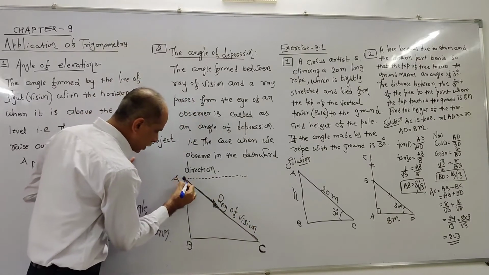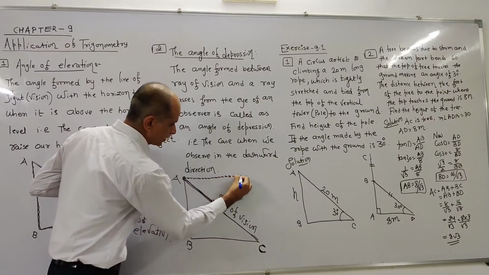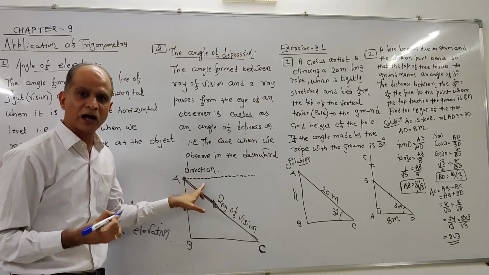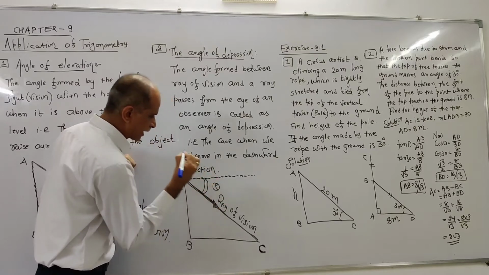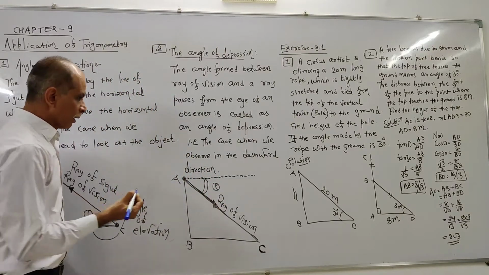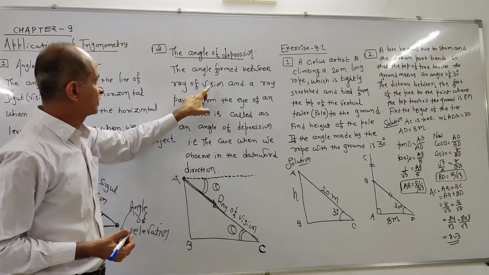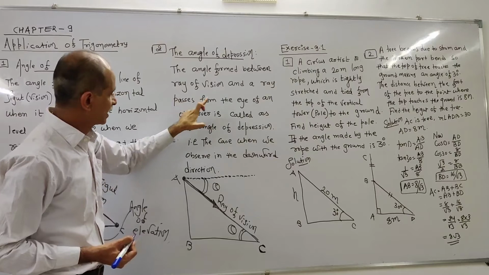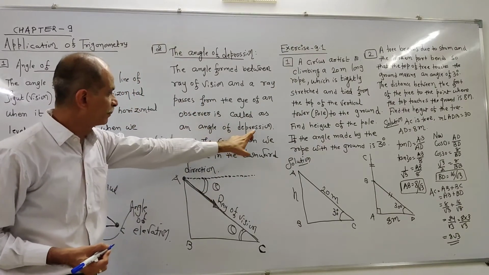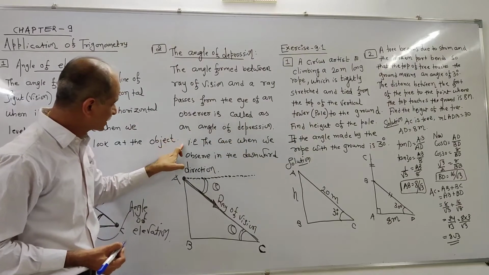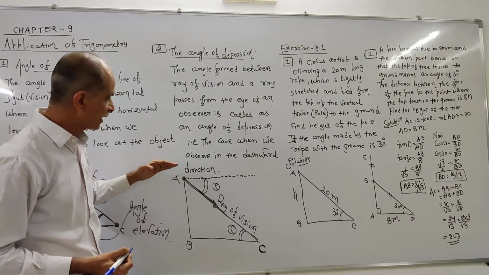The person is on the top of the tower, and this is known as the horizontal ray passing from the eye of an observer. This angle is known as the angle of depression. The angle formed between the ray of vision and the ray passing from the eye of an observer is known as the angle of depression, and that is the case when we observe in the downward direction.